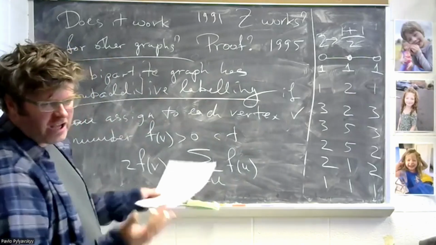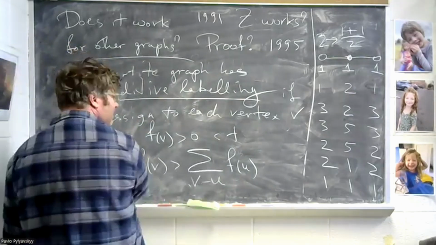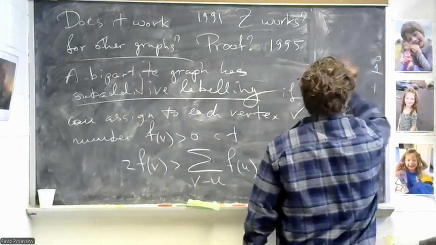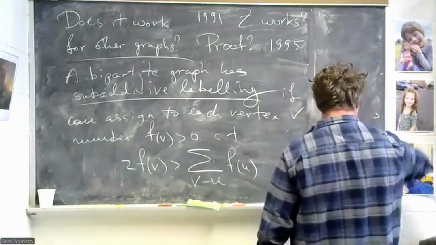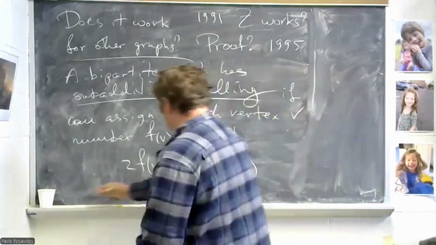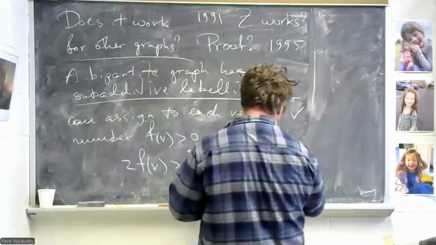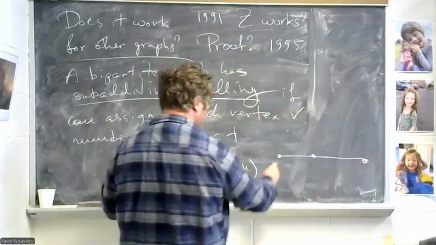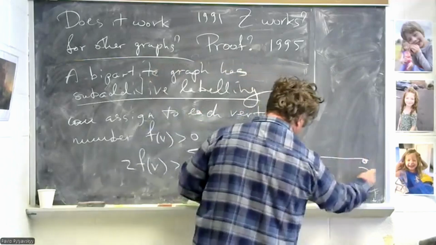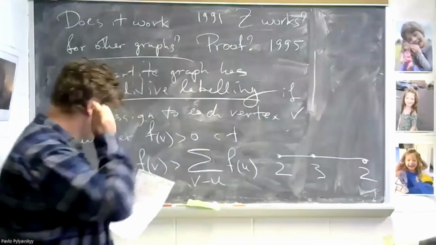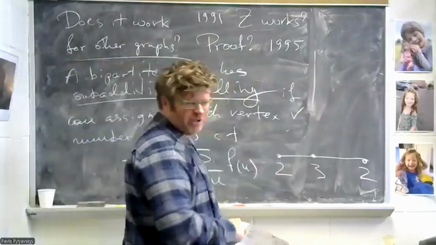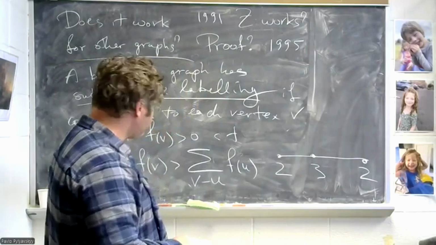Okay, so it's a little strange definition, but let's try an example. Let's just take this graph over here. I will put numbers 2, 3, and 2. So I assign to each vertex a positive number. And let's check.